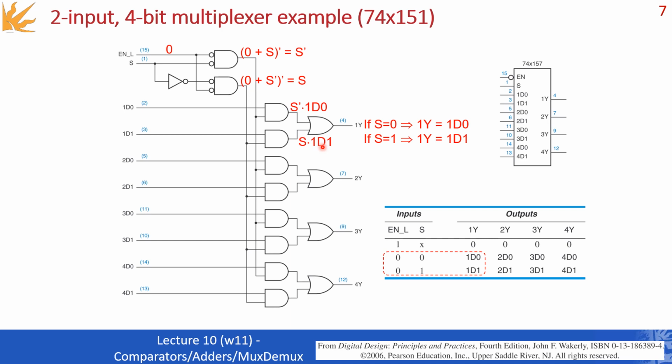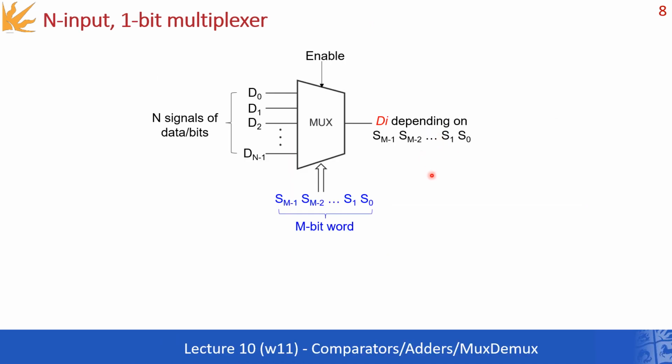Obviously, what happens here is that if the selection bit is 0, the result is going to be the bit that comes from the first word, and the other way around. If the selection bit is equal to 1, then the first bit result will be from the first bit of the second word. And this is how it works for all the different input bits in the previous slide.